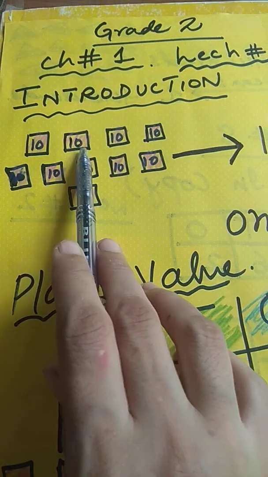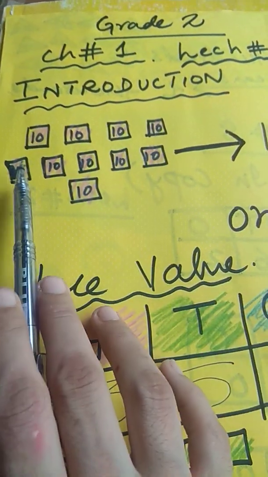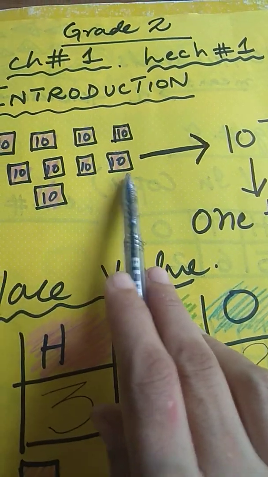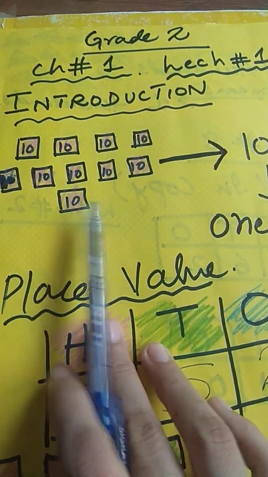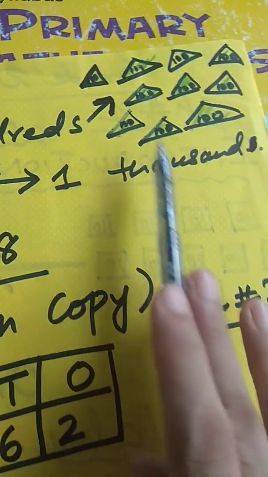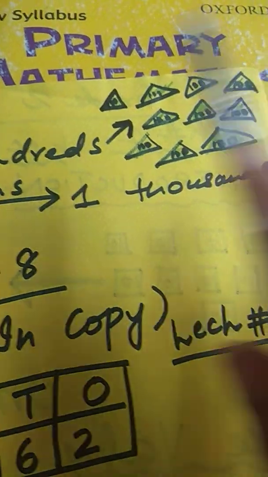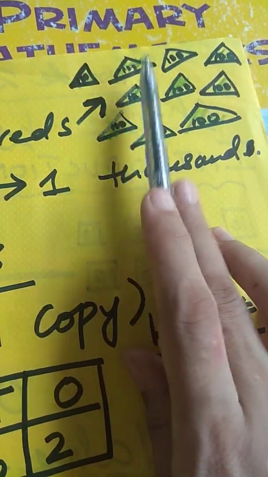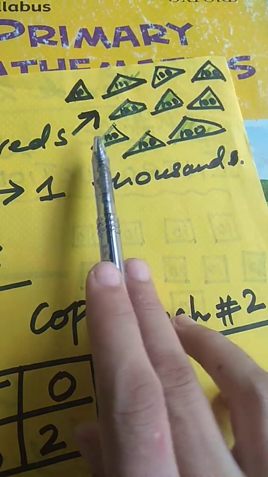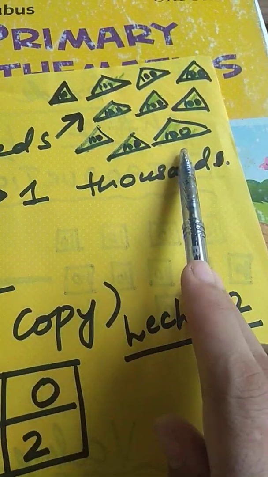See, 10, 20, 30, 40, 50, 60, 70, 80, 90 and then 100. Alright. And in the same way, when you talk about 1000, when you add 10 hundreds, it will make 1000. Alright. Like this, 100, 200, 300, 400, 500, 600, 700, 800, 900 and then 1000.